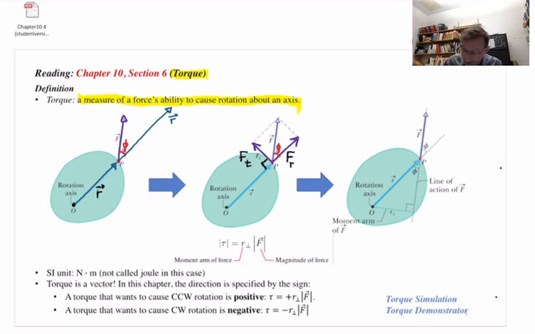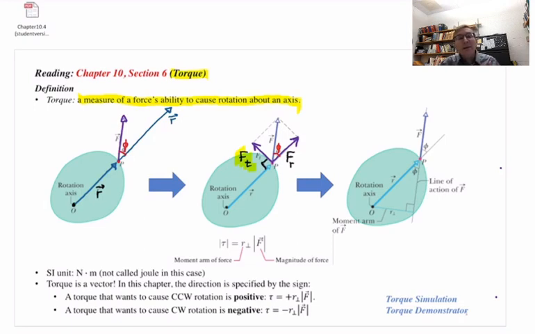Okay, did you think about it? Did you come up with your prediction? Did you say it would be the tangential component? Okay, that's the component that will cause the rotation. The radial component will produce no rotation whatsoever because the line of that component lines right up with the axis.